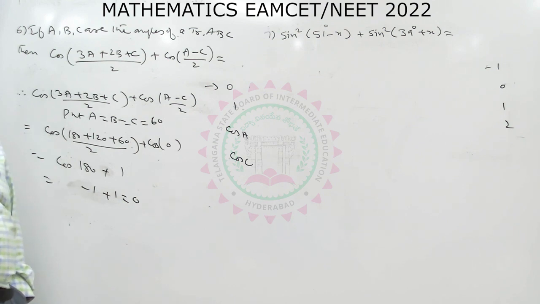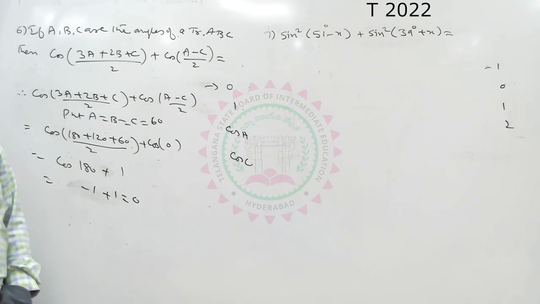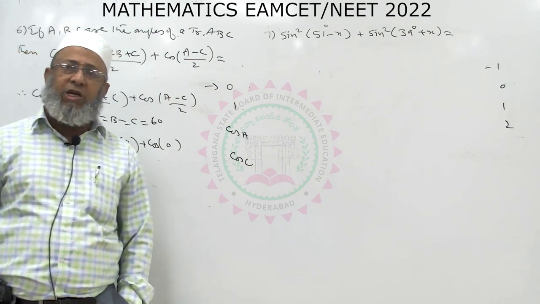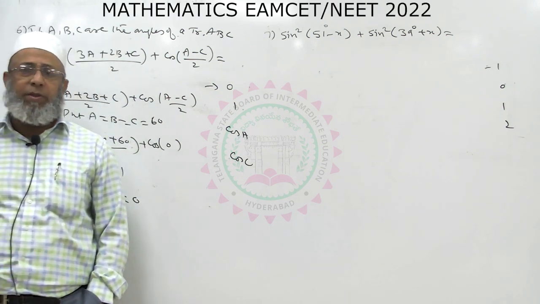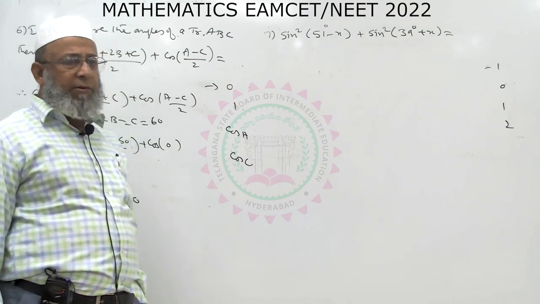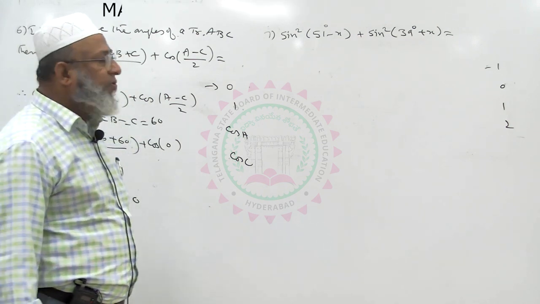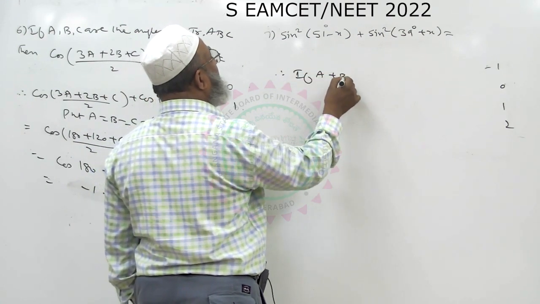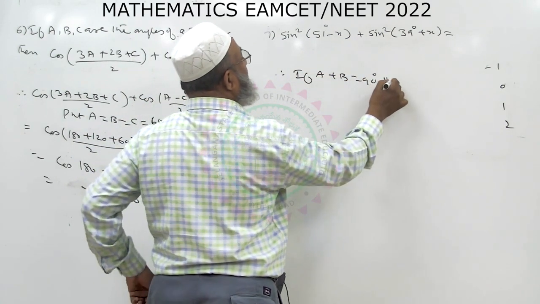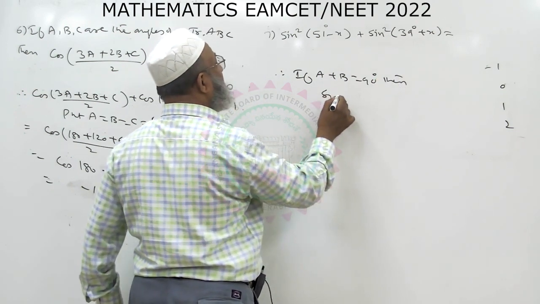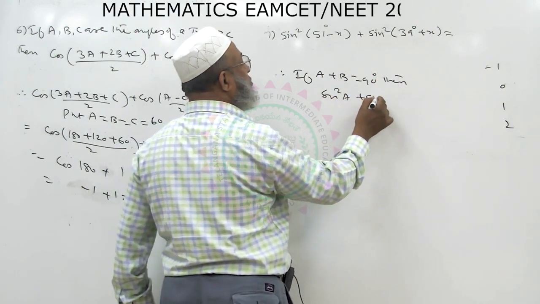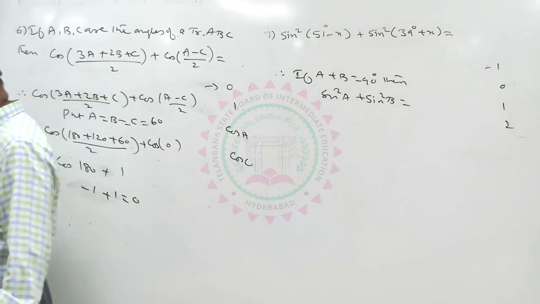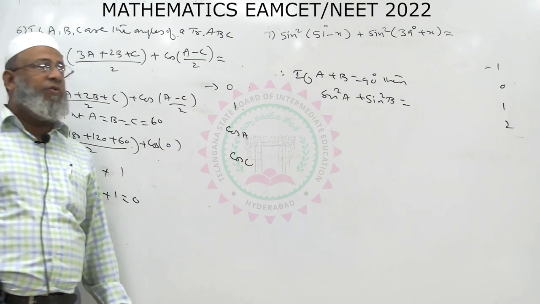Here, if you want to apply the formula, there is no such formula, because you have the formula for sin square A minus sin square B. So again you have to apply some shortcut. We know that if A plus B is equal to 90 degrees, then, as I have just given as a shortcut formula, sin square A plus sin square B is equal to 1.